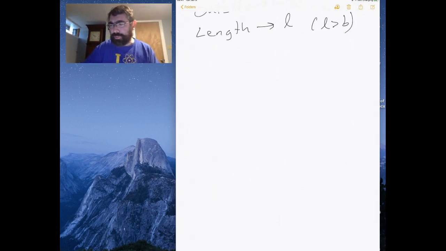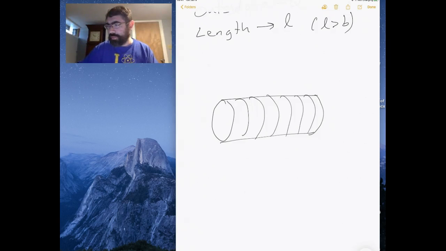So what does this picture look like? We have a solenoid which has n number of turns on it.